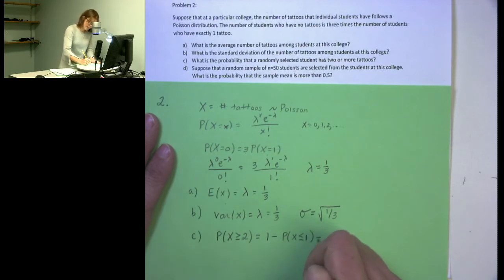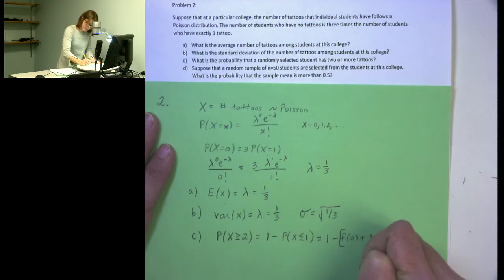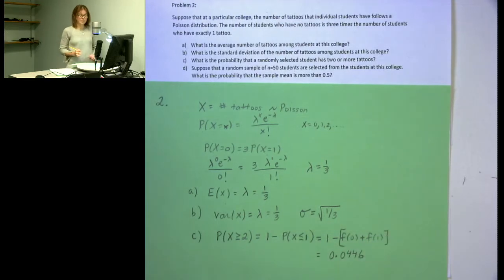And I can either use my Poisson CDF, or I can use my probability mass function evaluated at f of 0 plus f of 1. Regardless of how I do this, I should come out with 0.0446.